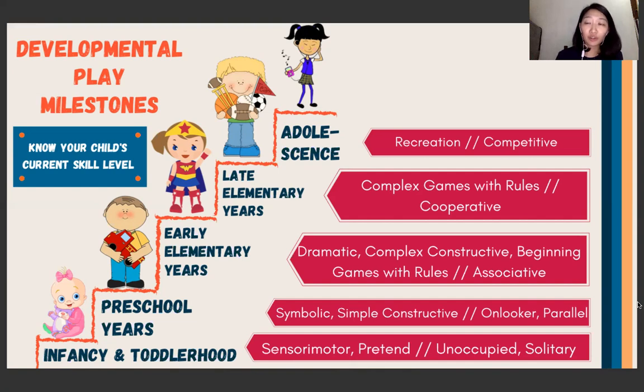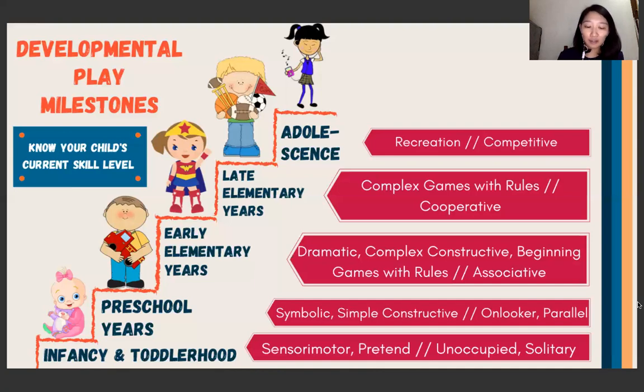Again, it's important for us therapists, and especially you mommies and daddies, or dear parents, to carefully observe what our child is interested in, how he plays, who he interacts with, and what his responses are to the materials or to the toys that we expose him to or that we present him.